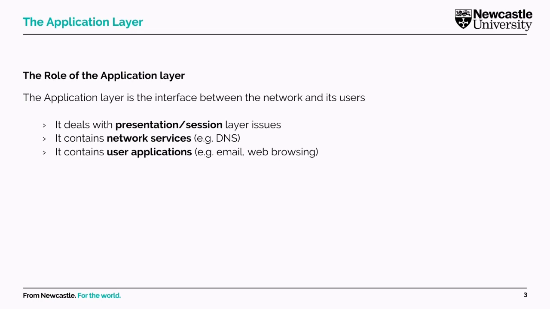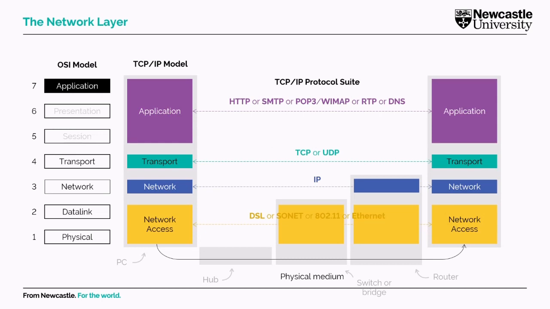So we finally arrived at the application layer, which is the most common interface that users and developers see. So web developers interact at the application layer. It often deals with presentation or session layer issues. If you go back, you see that in the OSI model the presentation and session layers are actually sort of skipped over, whereas in the TCP/IP model they're brought together into one.